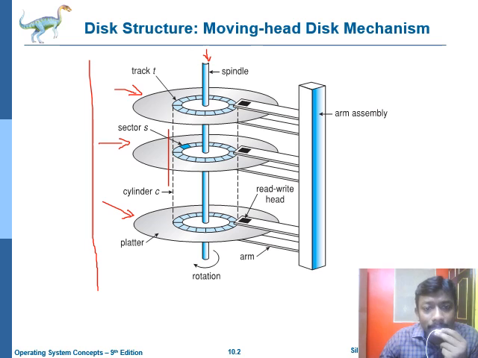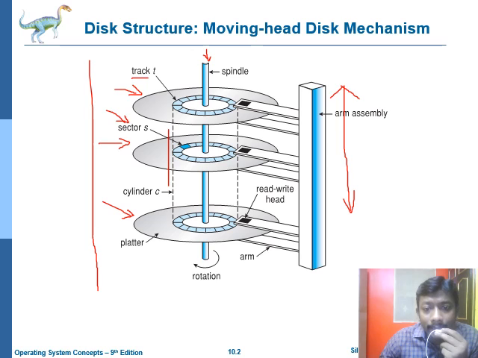A track is a circular portion of a particular disk, a magnetic disk. A sector is a particular portion of a track. And this is called the arm assembly, which holds the read write head.